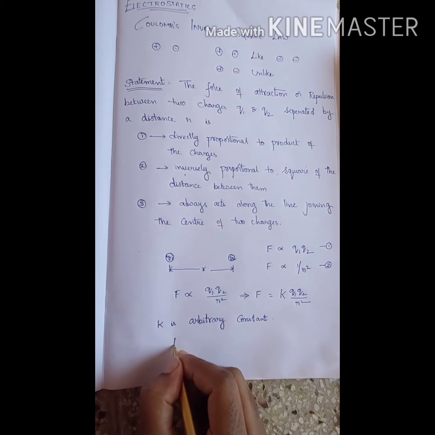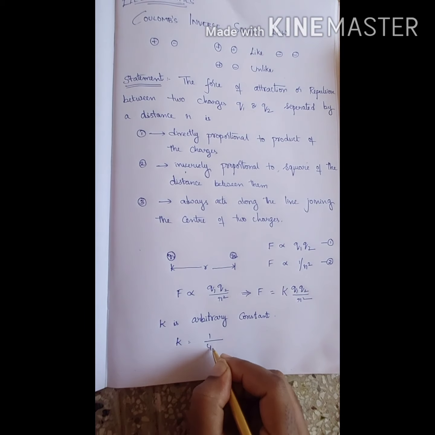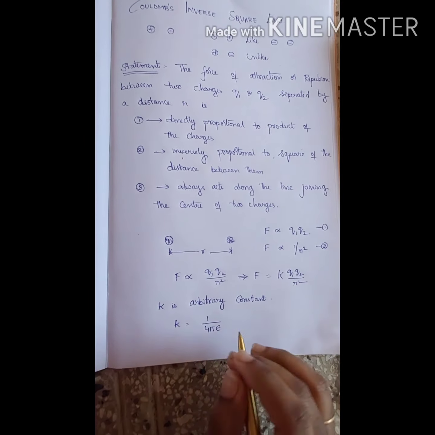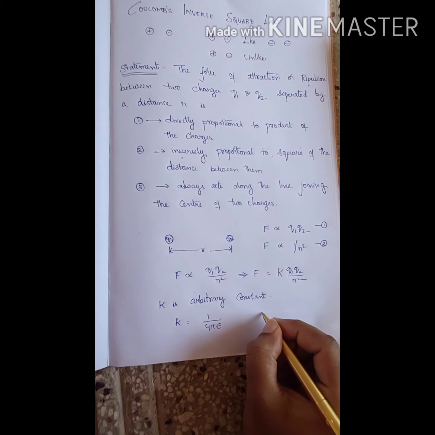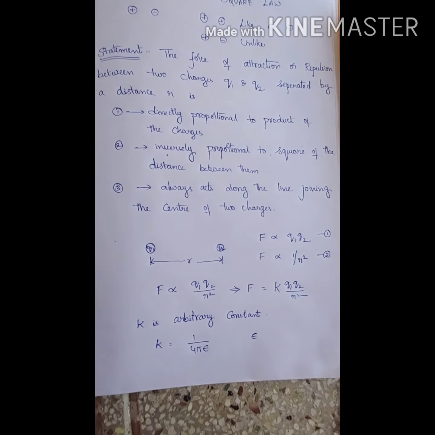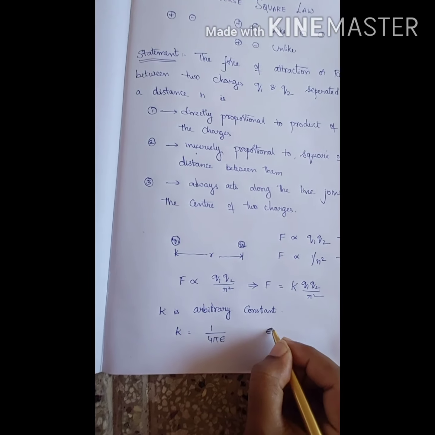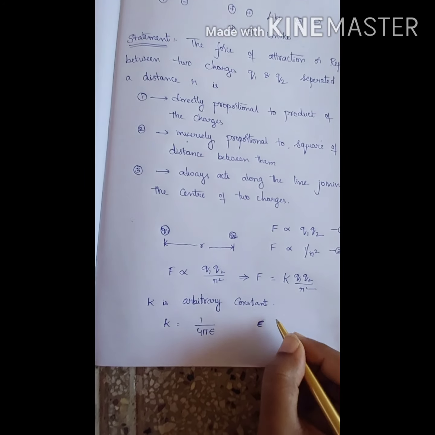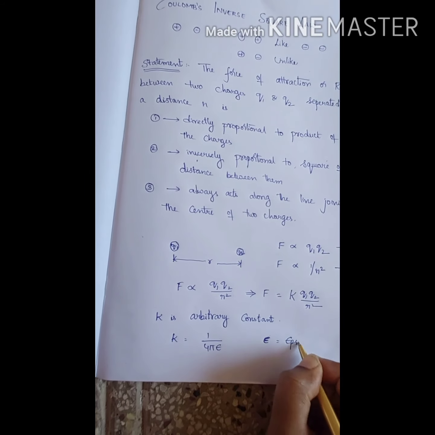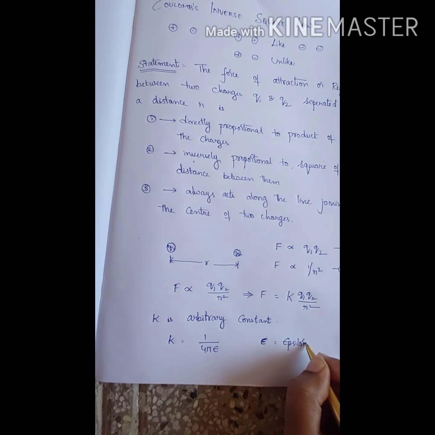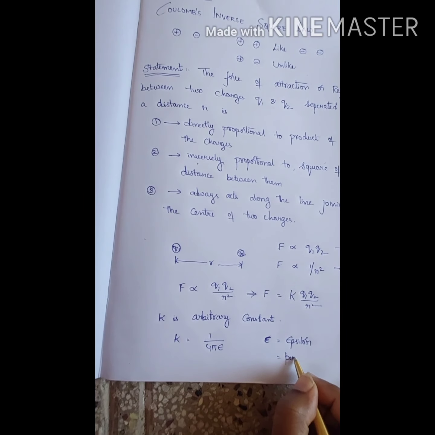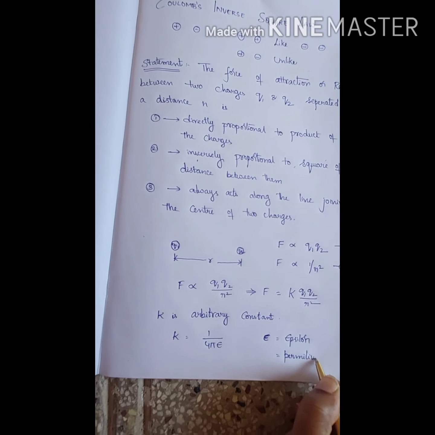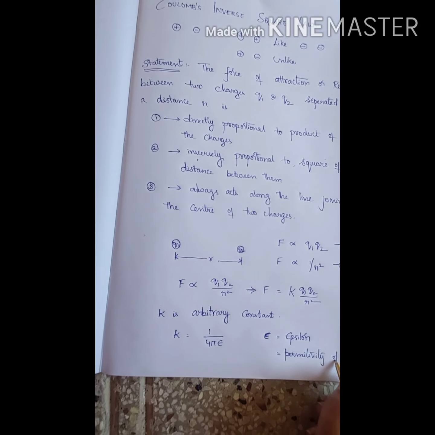Here K is 1 by 4 pi epsilon. This symbol looks like E, but it is called epsilon. Epsilon is called the permittivity of the medium.